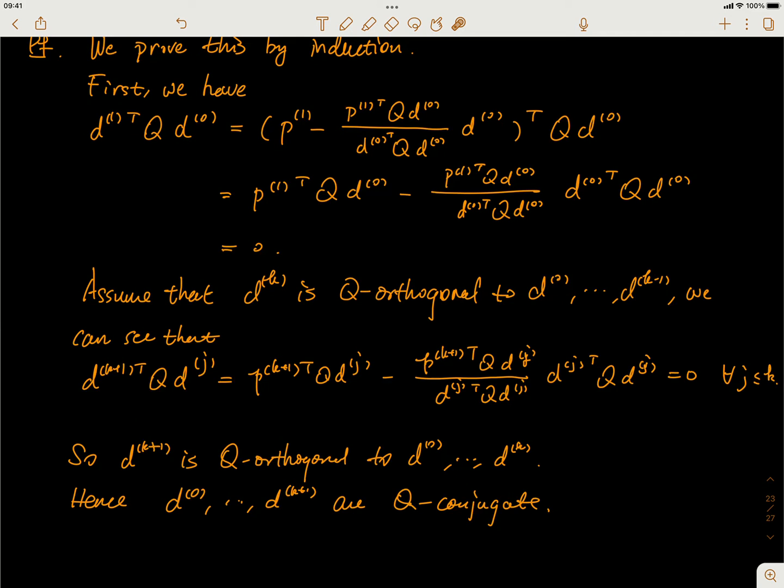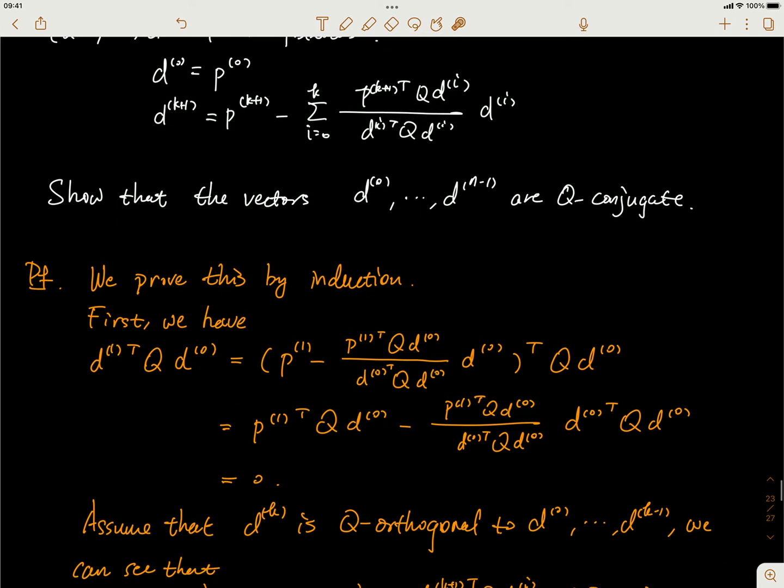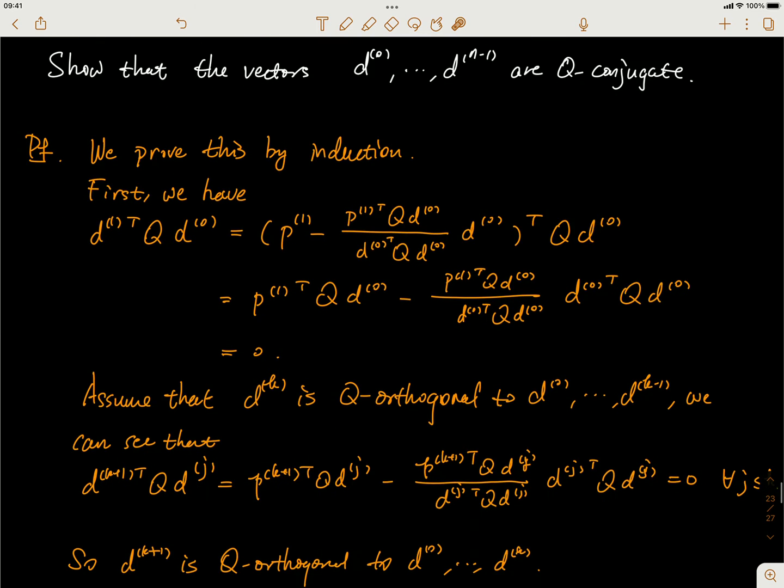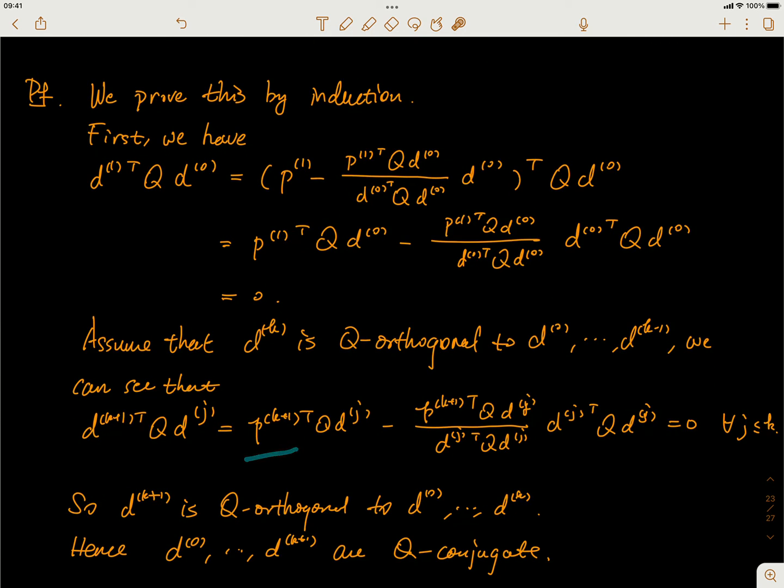We just plug in the formula for d(k+1). It becomes this. So just recall this formula here, and reuse it here, and I've broken the parentheses already. So it becomes this times Q dj, and also this times Q dj.